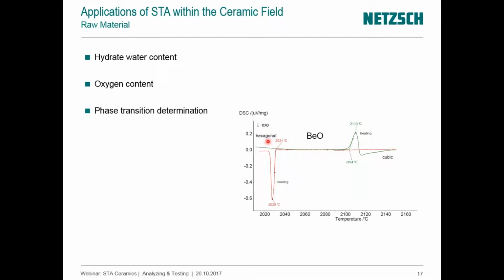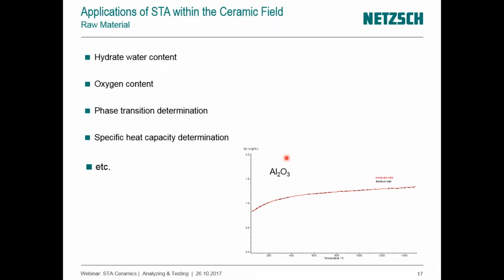So here we have a phase transition between the hexagonal and the cubic structure phase of this beryllium oxide, which occurs beyond 2000 degrees C. And we also see during cooling that we have a hysteresis between these two kinds of effects. So the cooling, the crystallization of the other phase, or the change back to the hexagonal phase, occurs with a slight delay in comparison to the phase change during heating.